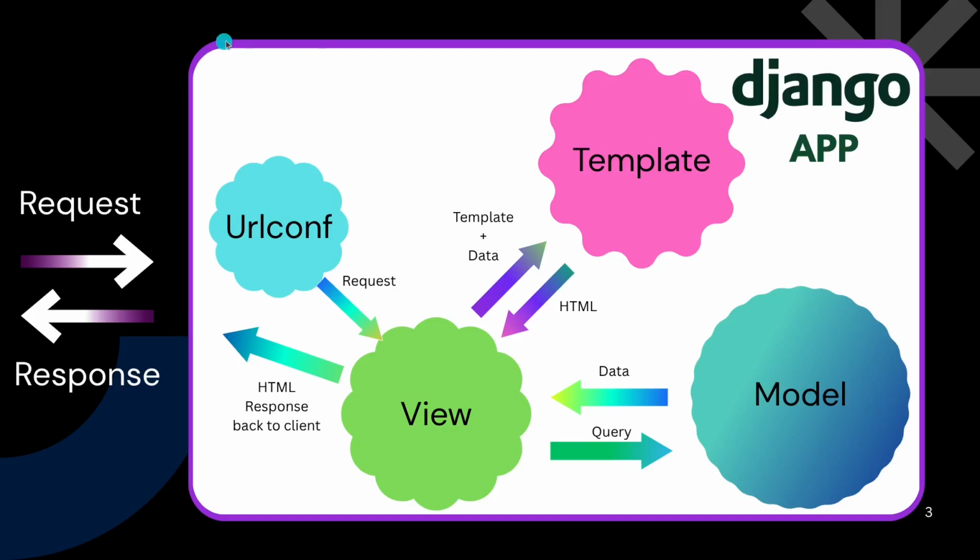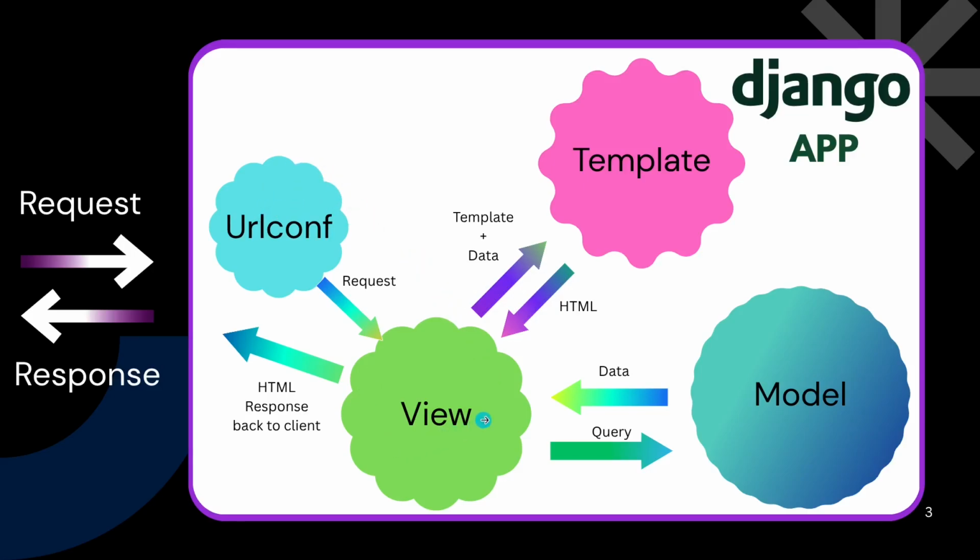Now, this is the high-level diagram of a Django application. The client sends a request. URLconf is URL configuration. It has a list of URLs and the appropriate view function that has to be executed for that particular URL. The request is received. Based on the URL, it is forwarded to the right view function.